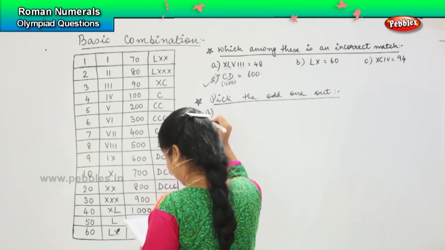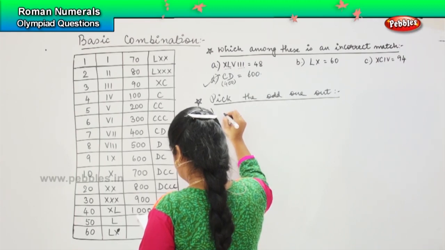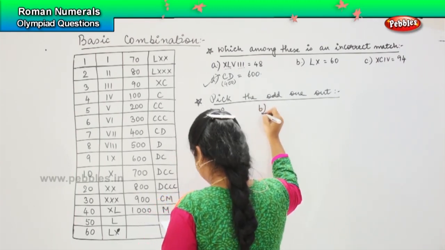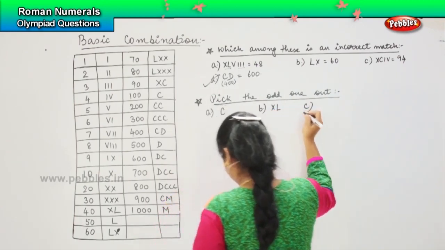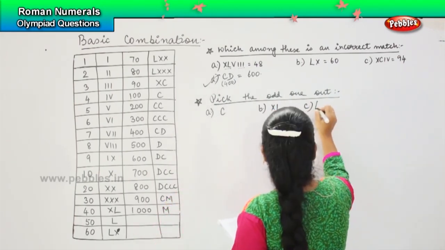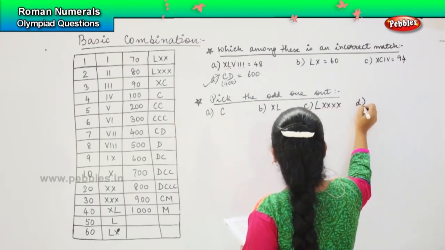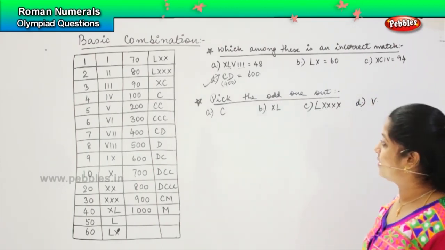Option A, C. Option B, XL. Option C, L, 4X. And option D, V. So tell me which is the odd one out, children?